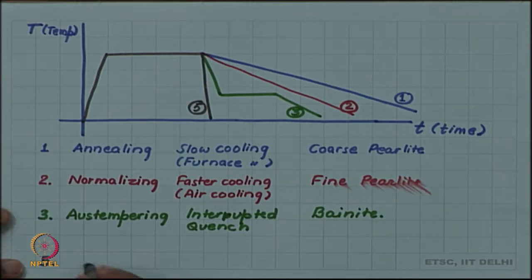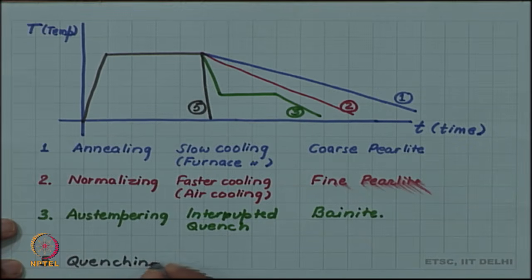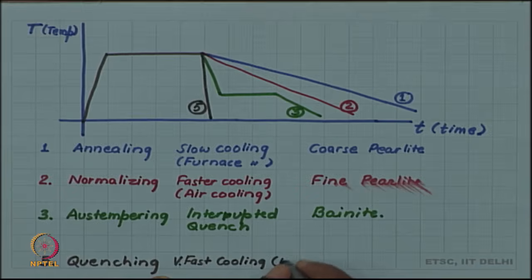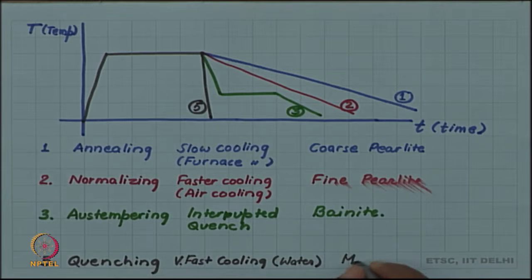I am calling it 5. This is quenching. So, this is very fast cooling, let us say by putting it in water. This gives the microstructure martensite.